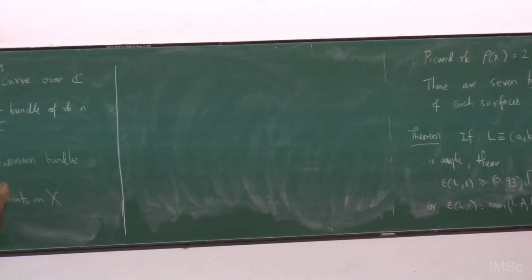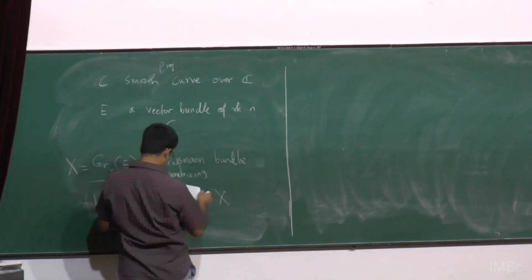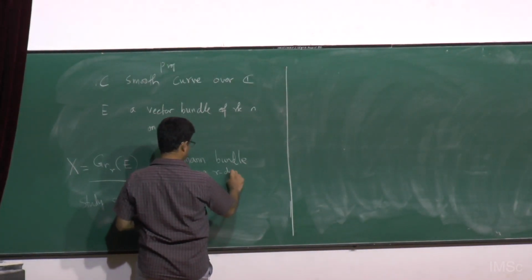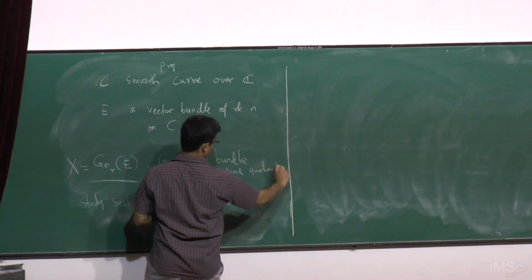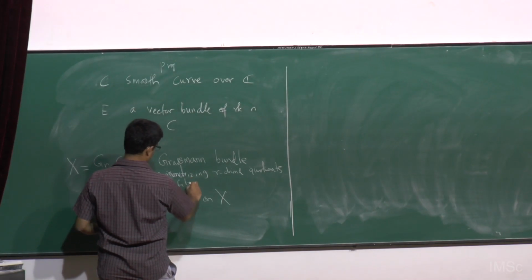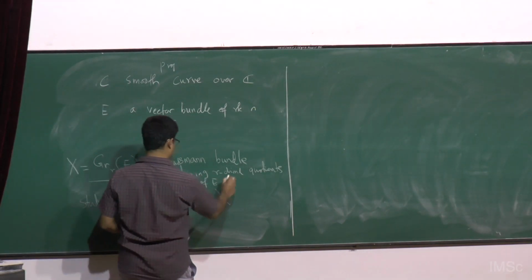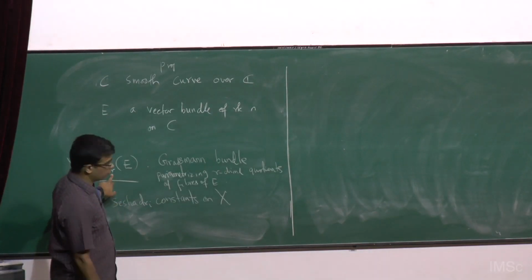Okay, so now we want to choose R suitably. So Grassmann bundle parametrizing R dimensional quotients of fibers of E. So R is to be determined. So what is R?